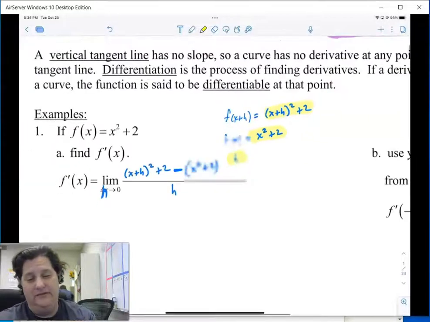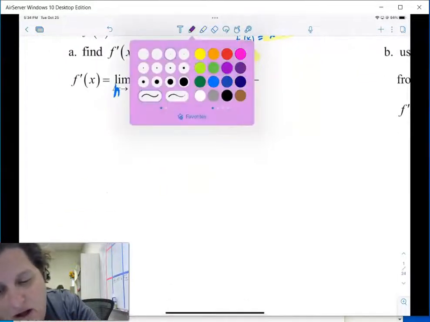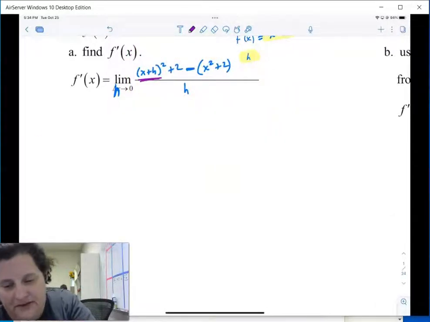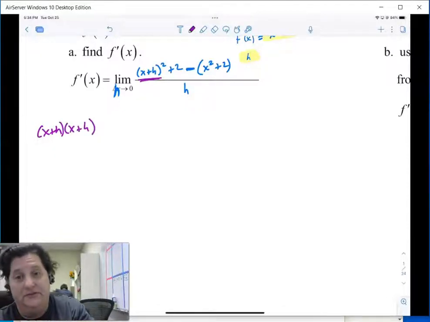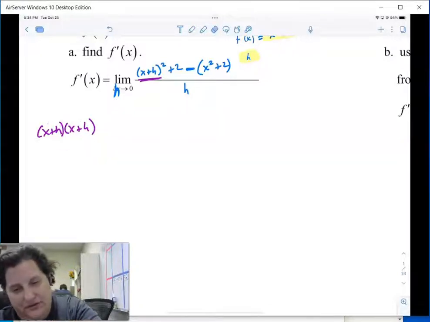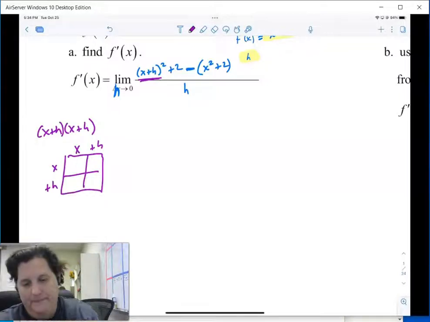Okay, so let's go back and see how many of you remember your algebra. First of all, I need to multiply that out, right? x plus h squared means x plus h times x plus h. And some of you might be able to do this in your head, or you could FOIL or whatever. You know what I like to do, especially when there's all sorts of variables? x plus h, x plus h. Okay?